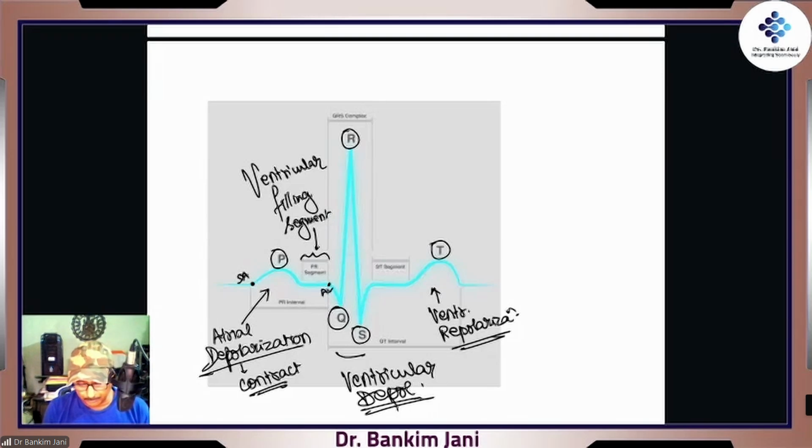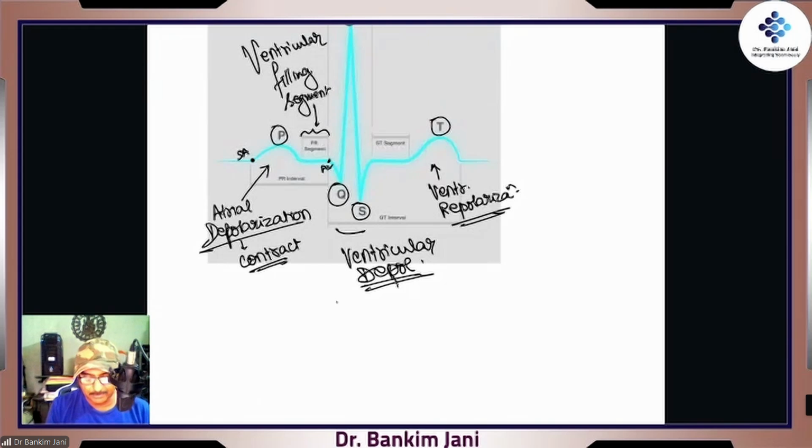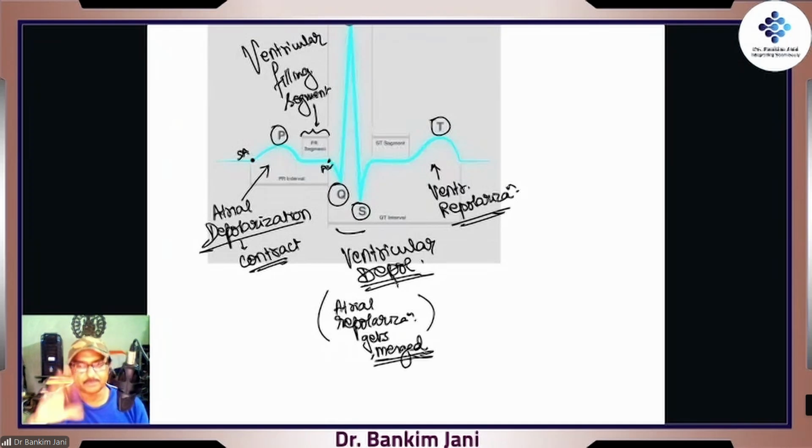Well, atrial repolarization gets submerged into ventricular depolarization, because the wave of this atrial repolarization is very low voltage. So it gets merged in this big wave only.